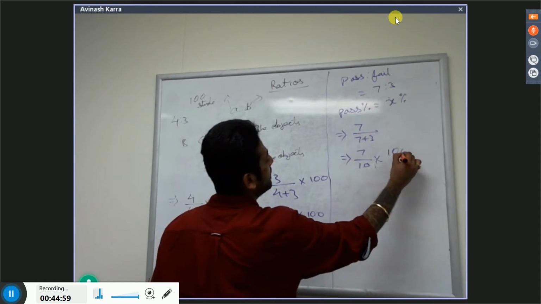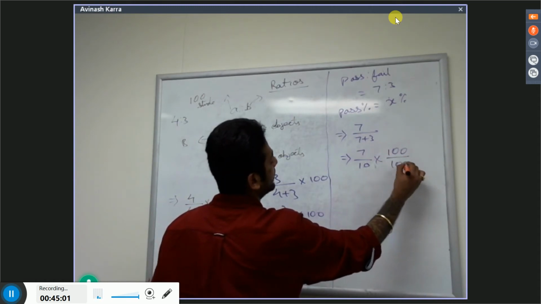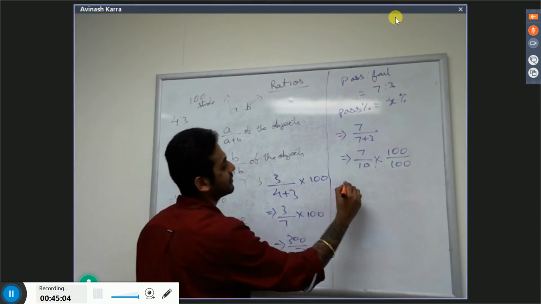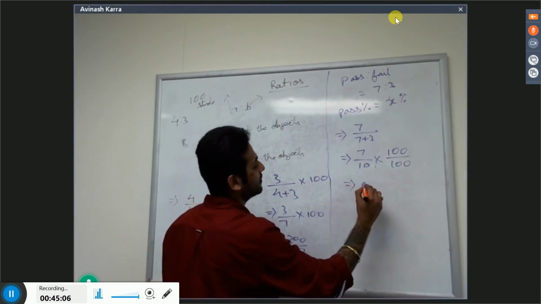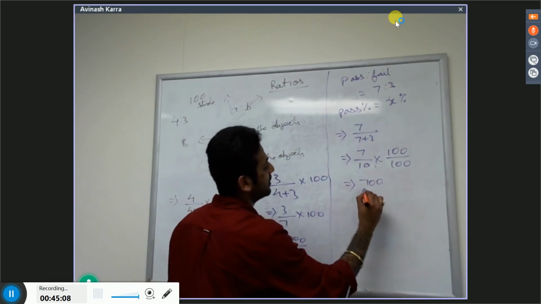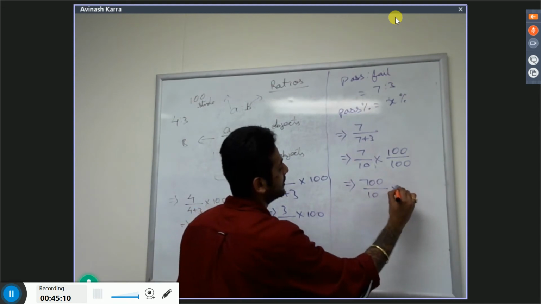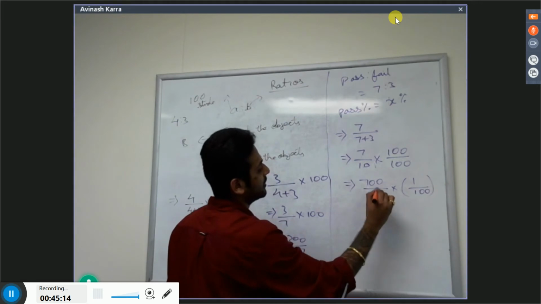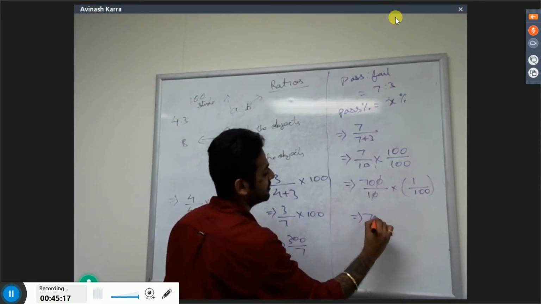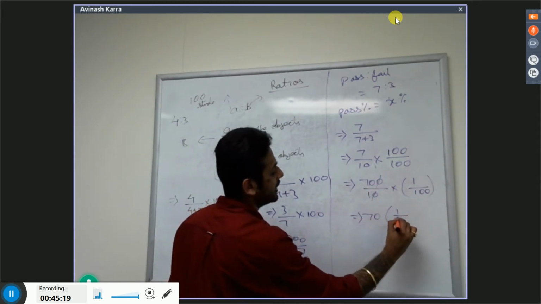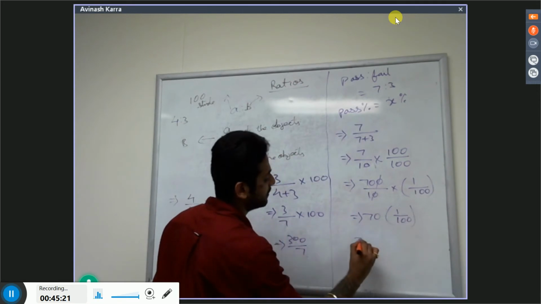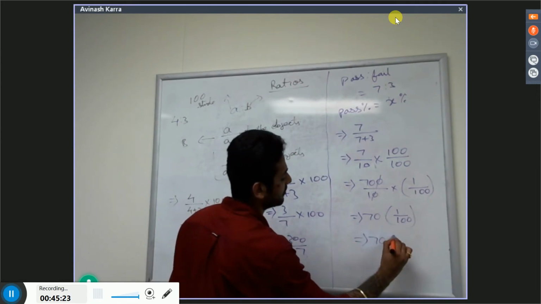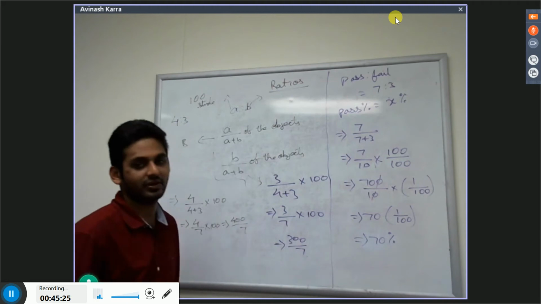Multiply and divide by 100. So 700 by 10 into 1 by 100, that is 70 into 1 by 100. 1 by 100 is nothing but percentage. 70 percentage.